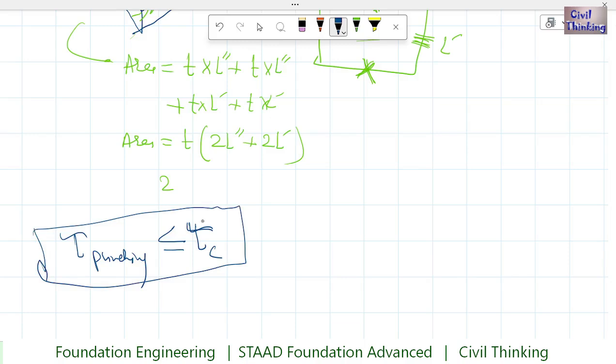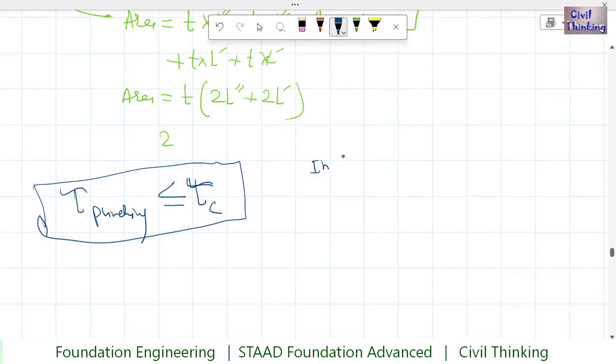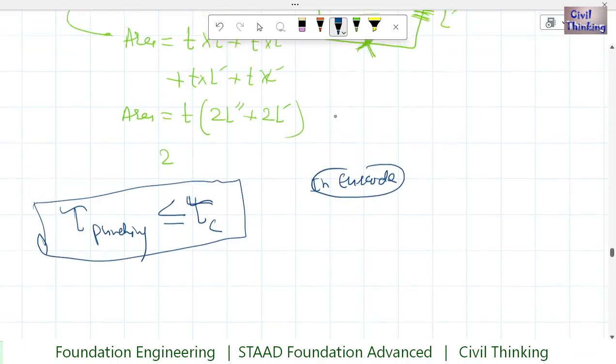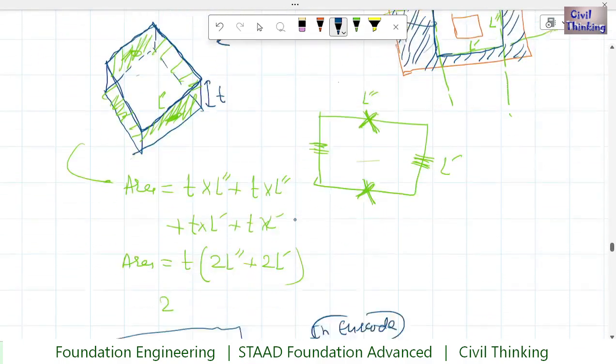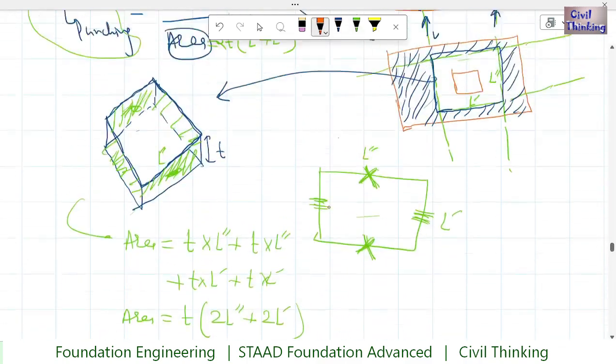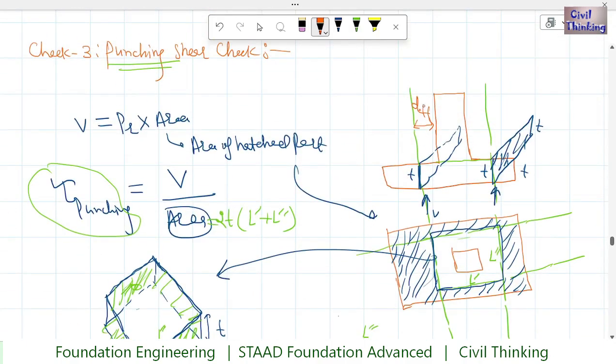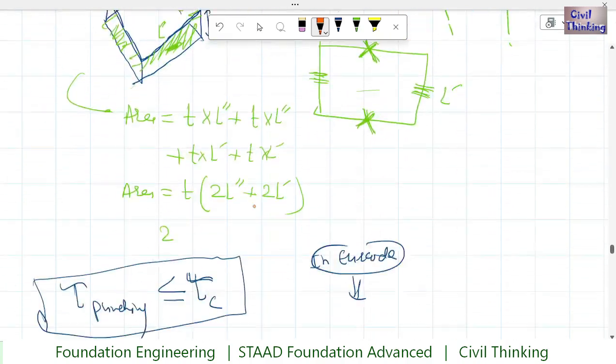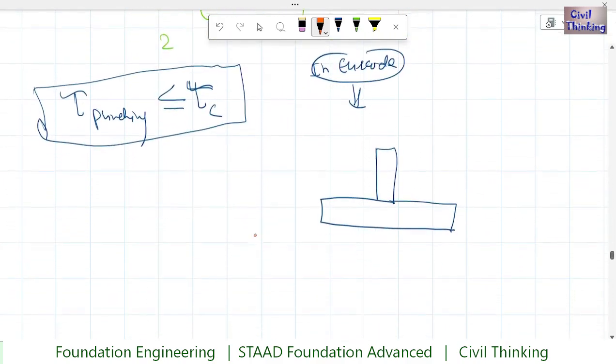Now keep in mind, in the Eurocode we find the punching shear test at two places. For example, in here, the critical section was at a distance of d effective from the face of the column. But the Eurocode suggests something else.